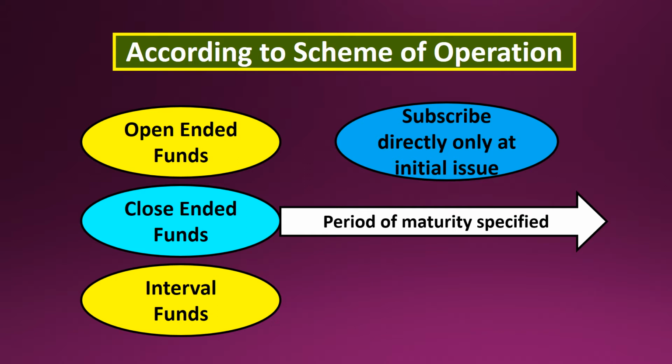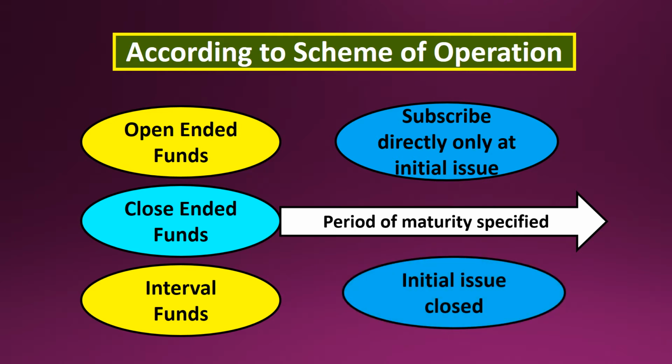We have already seen that open-ended funds are open to subscribers at any time, but closed-ended funds are not always open. It closes after a particular period of time, and people can subscribe to the units only until that closing time.